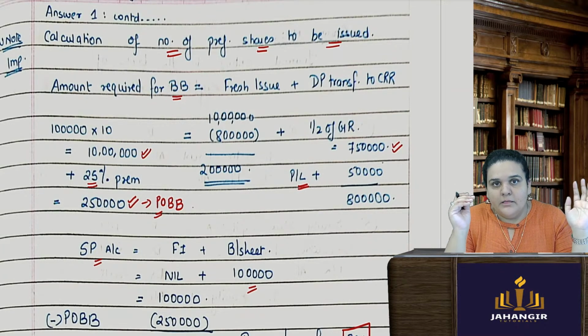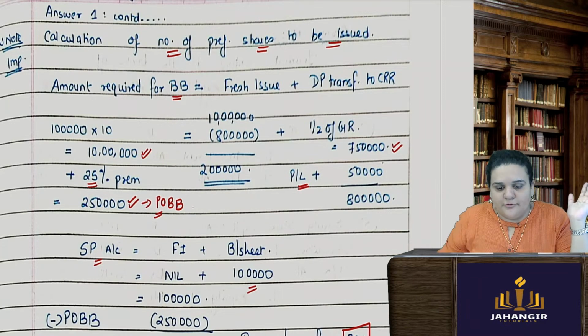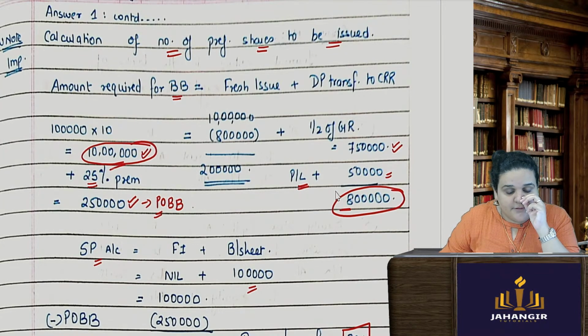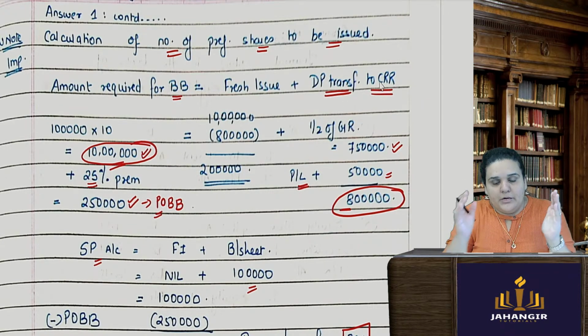So I am using my P&L balance of 50,000 also. So 8 lakh rupees I am going to use as reserve. Compare this with the nominal value to be bought back. Always compare the nominal value and this. The divisible profit is transferred to CRR. I will have to transfer this divisible profit to CRR.